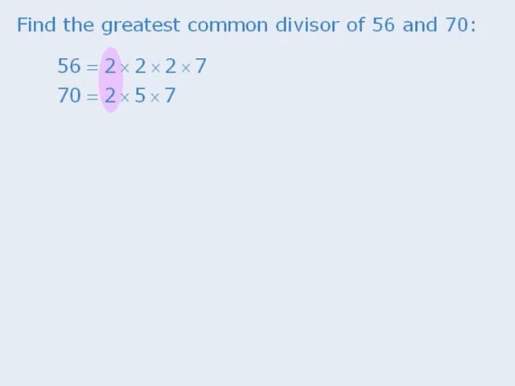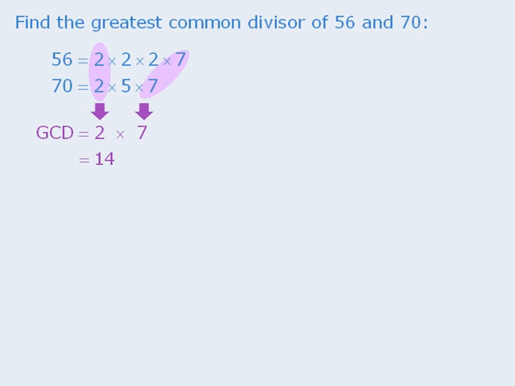They both share a 2, so we'll note that, and they also share a 7, so we'll note that. So 56 and 70 share a 2 and a 7 in their prime factorizations. So the greatest common divisor of 56 and 70 will be the product of 2 and 7, which is equal to 14.